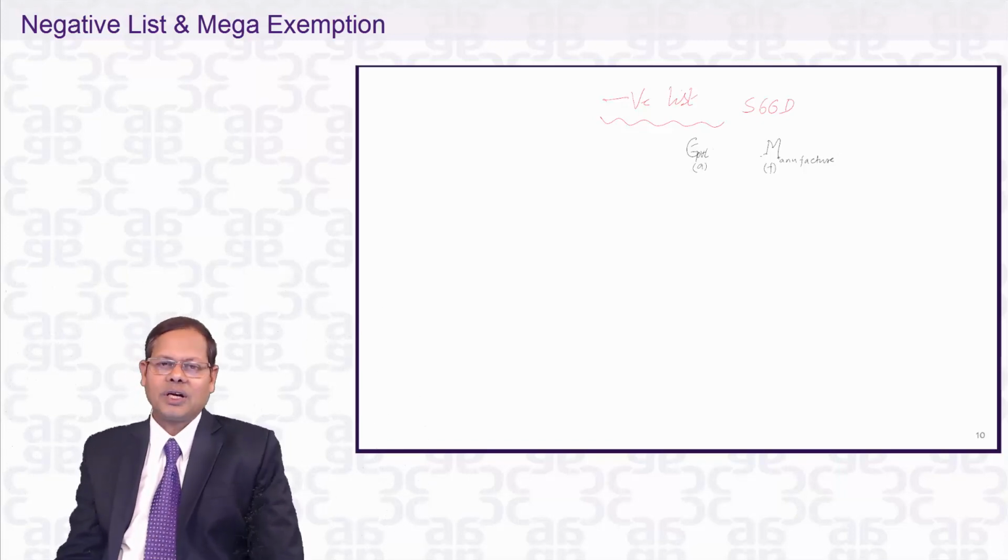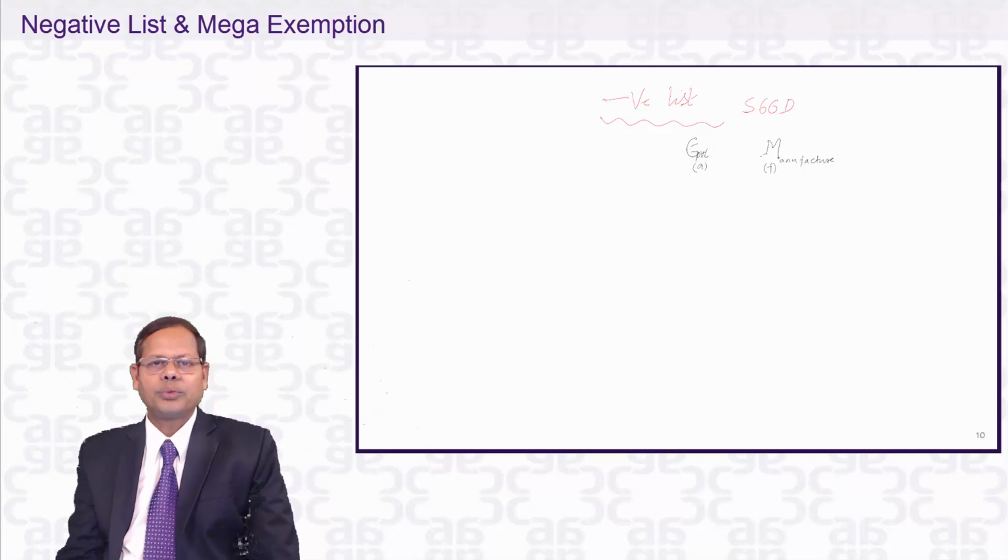So good morning, we started with good morning, negative list, 2 categories, 2 services we have identified in good morning. Government means and includes, of course, here government includes local authority. So government or local authority, I simply put it G, and M for manufacture.